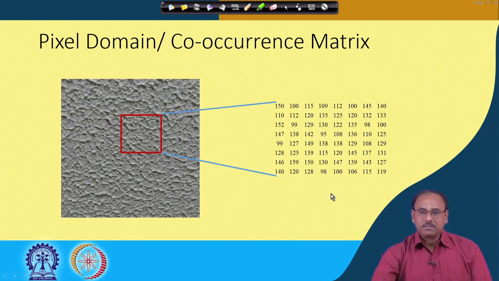So, given this matrix, I have to extract the texture features, where texture is nothing but variation of intensity values in a regular or semi-regular manner.